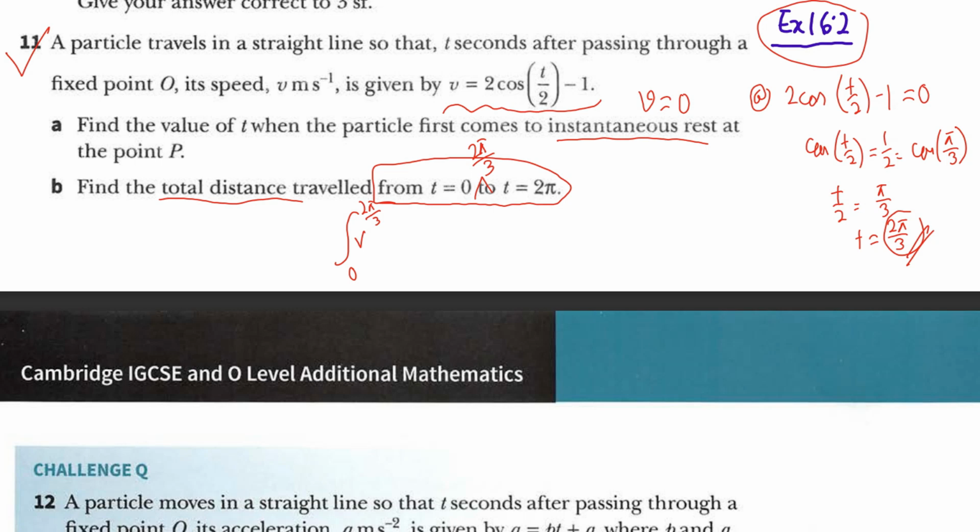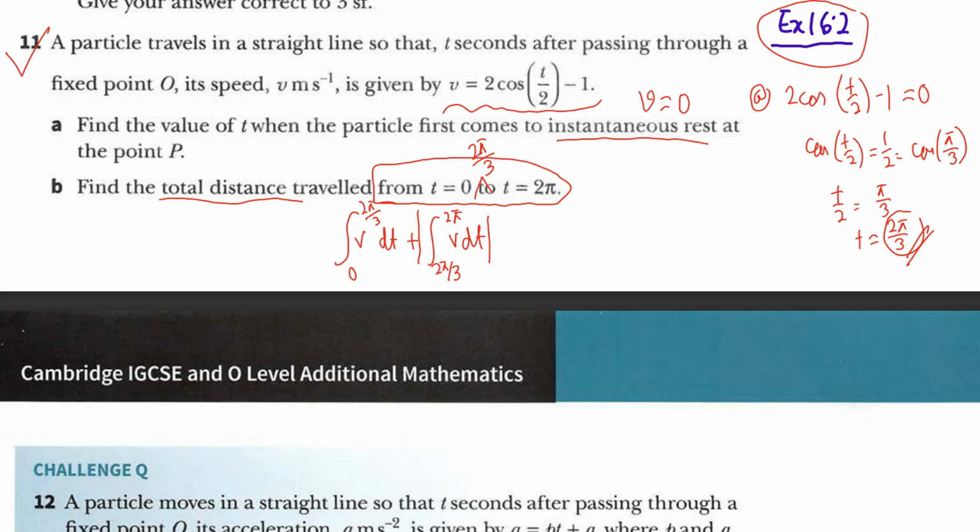So we have to do like this. Then from 2pi/3 as the lower limit till 2pi we have to integrate the same expression, and we have to add. Probably the second part will come out as a negative value because it's changing direction.